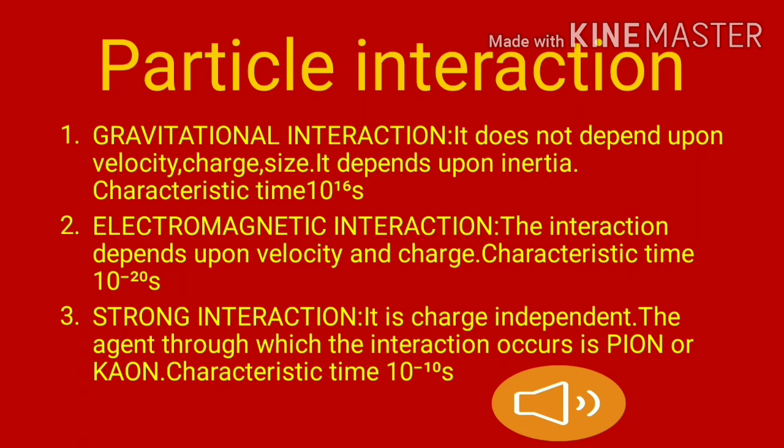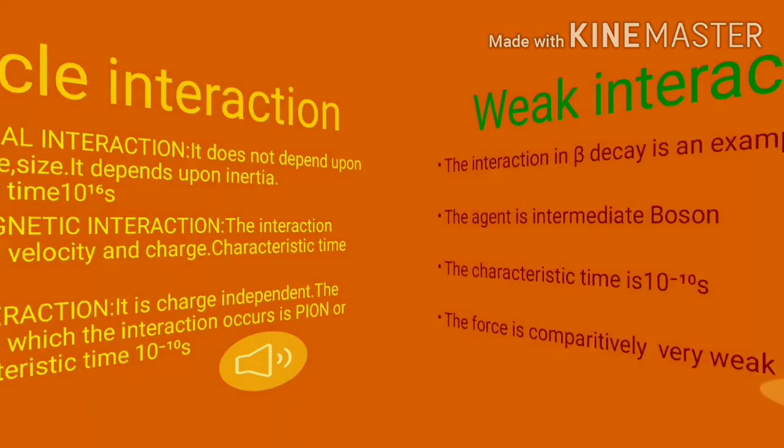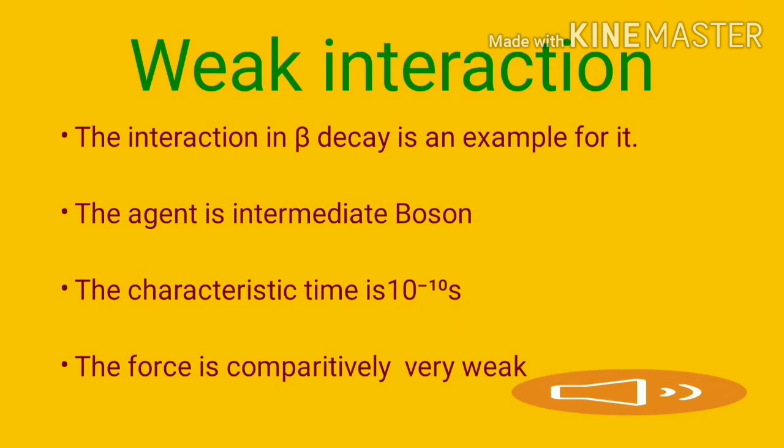Strong interaction occurs due to pion and kaon. They are strong ones. In weak interactions, beta decays are the best example. Bosons are the examples of weak interaction.